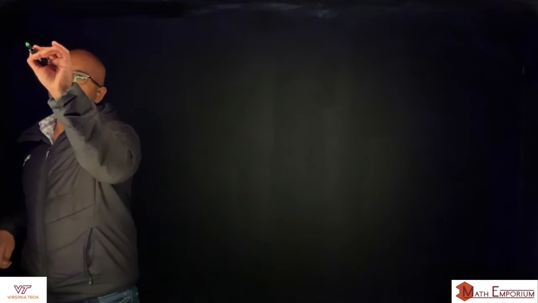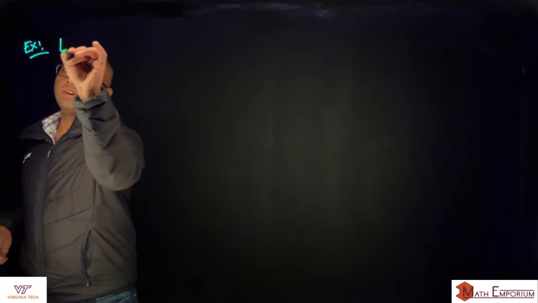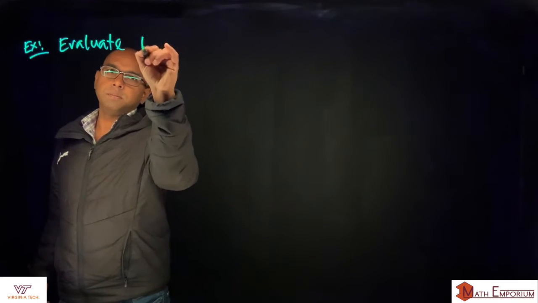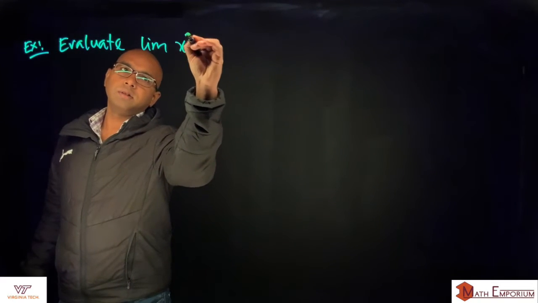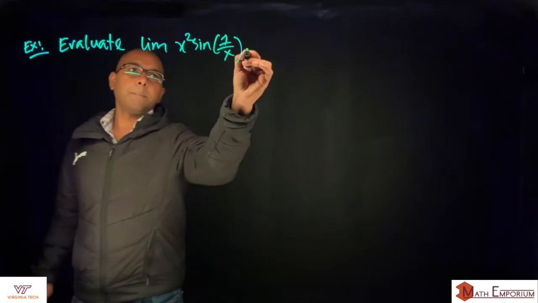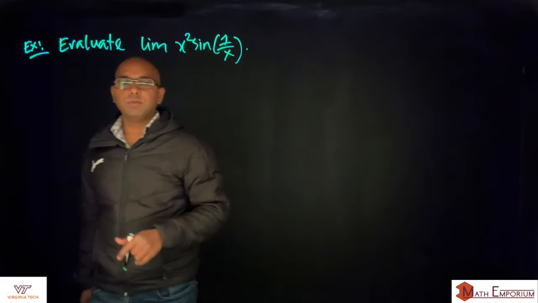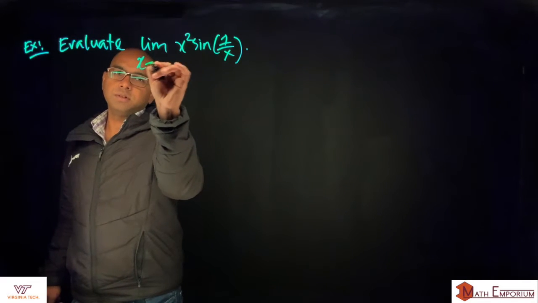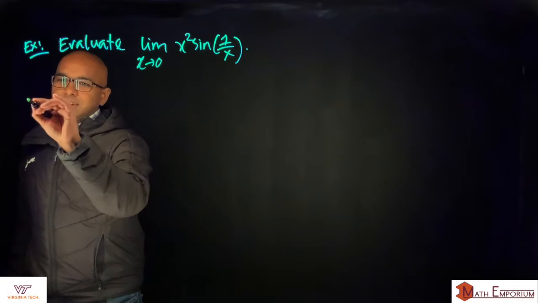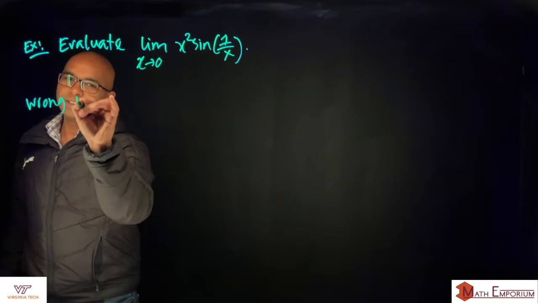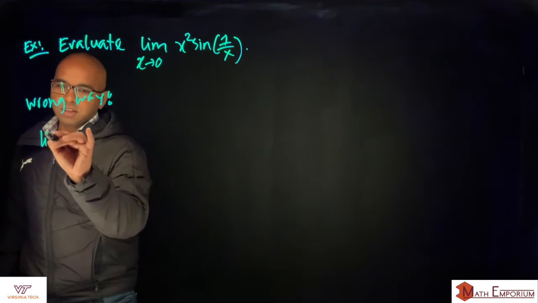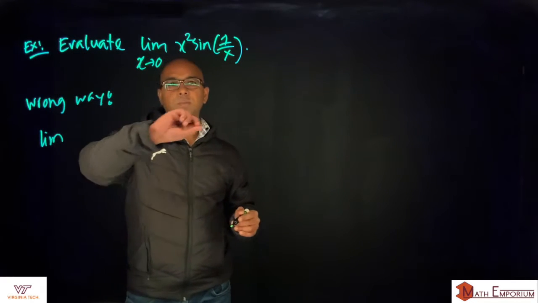Okay, so we saw the statement of the squeeze theorem, and now let me work out an example. Example: evaluate this limit of x squared sine 1 over x as x approaches 0. So first, the wrong way of solving this. This is a very common mistake, so I want to write it down. What people do is use the product rule here.